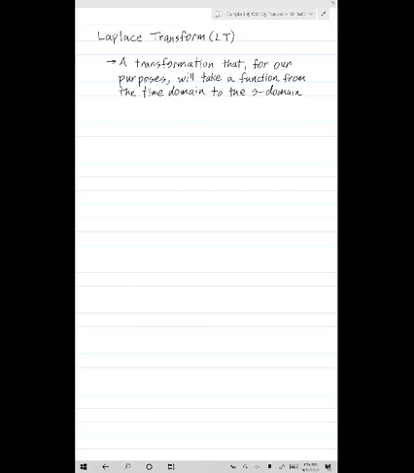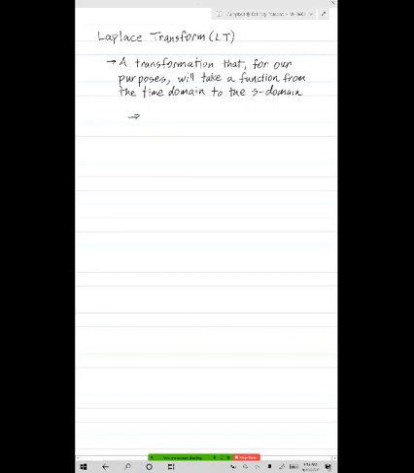So I'll generally be saying frequency domain. I might slip in some S domains here and there. In this particular discussion, just understand that the two are synonymous. So we're effectively mapping something from the time domain to something in this other space that's called the S domain or the frequency domain.